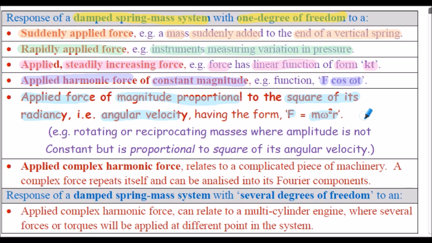You may recognize that formula from previous presentation related to centrifugal force, and that relates to rotating or reciprocating masses where the amplitude is not constant but is proportional to the square of the angular velocity. Hence the force is equal to m omega squared r. So this is a scenario we'll consider in the remaining part of the presentation.